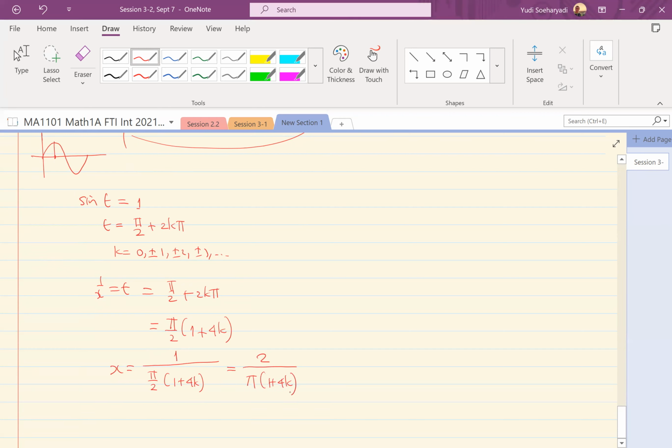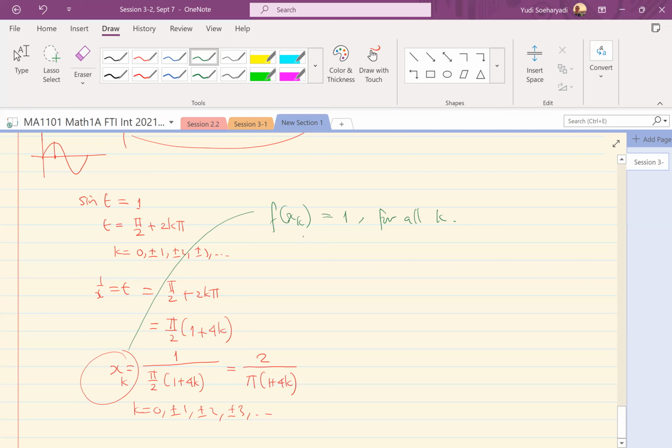Okay, so if you choose your k to be this one, so this is x_k. You can plug in k equals 0, plus minus 1, plus minus 2, plus minus 3. Okay. So from here you compute that f of x_k is always 1 for all k.